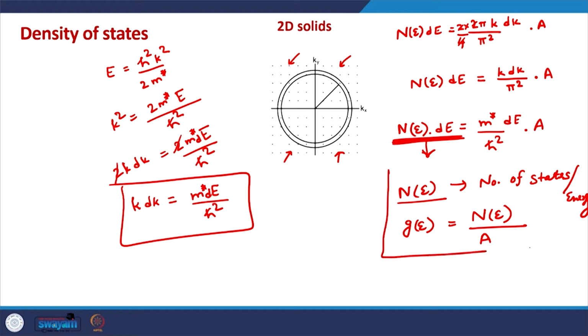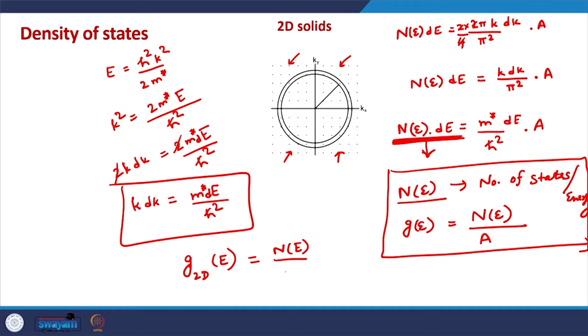Okay. So, now we are in a position to calculate the density of states for the 2D case. If we represent the density of state by G2D(E), this would be Ne by area, which becomes m star dE divided by h bar square times A, and A cancels.